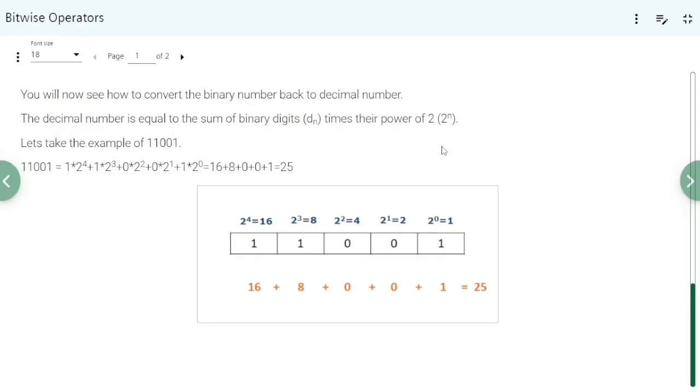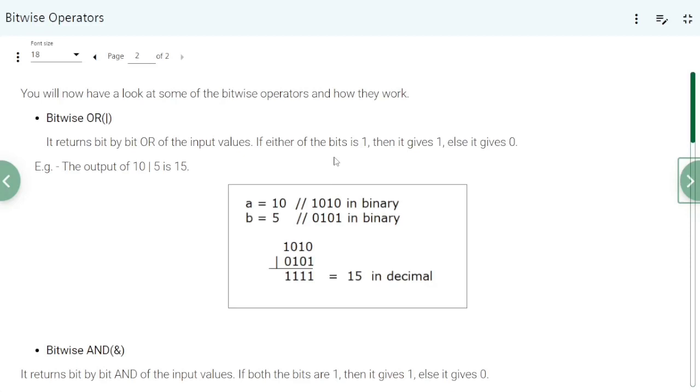Okay, so let's move on to the next part. As I have told you, we have a few bitwise operators that allow us to operate on bits. This is just an introductory video to bit manipulation, on how we operate on bits.